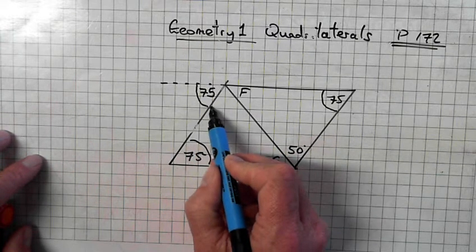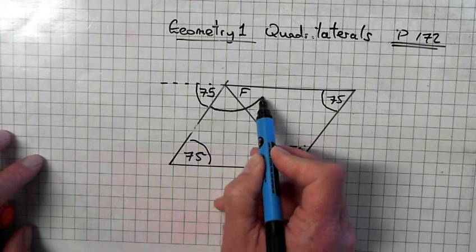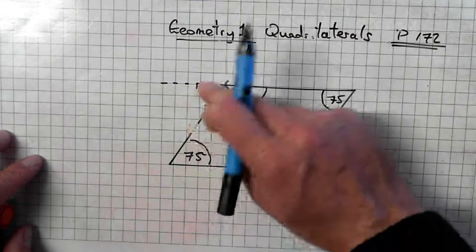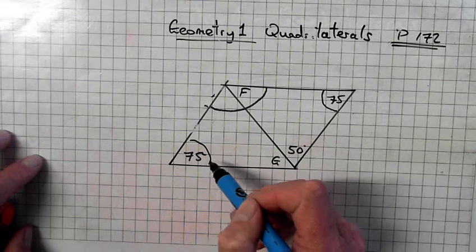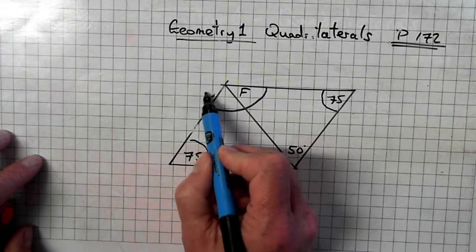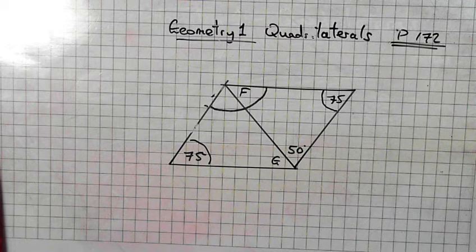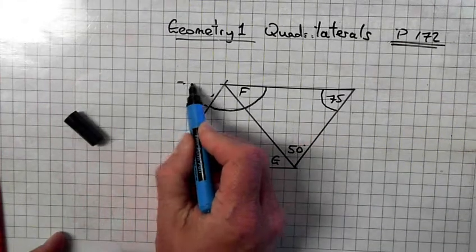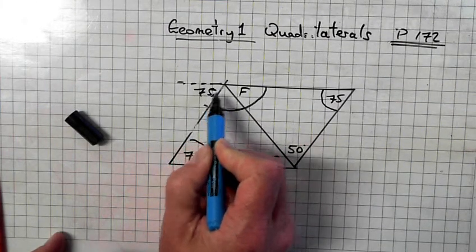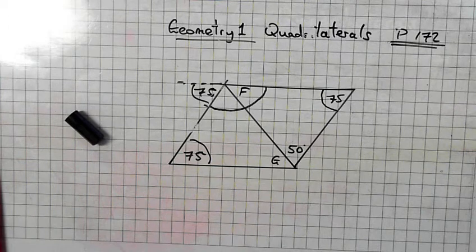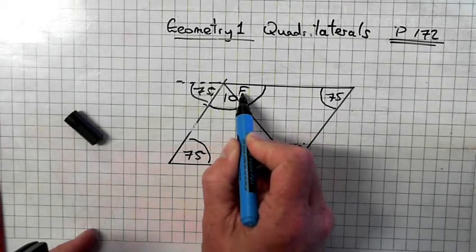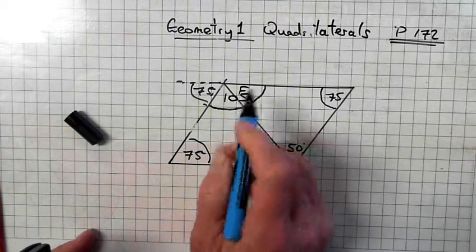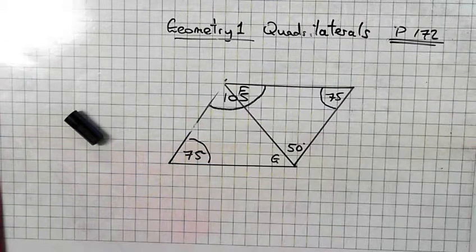So that means the whole of this angle here is what? 180. So this was 75. So you get 180 minus 75, which is 105. So all of this, those two angles here, are equal to 105.